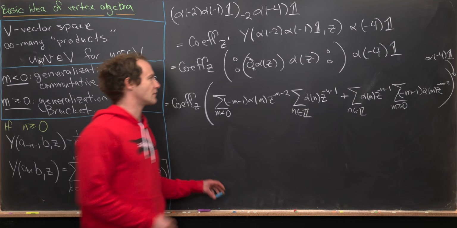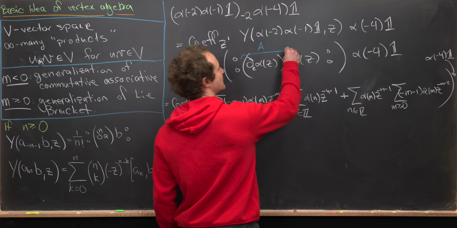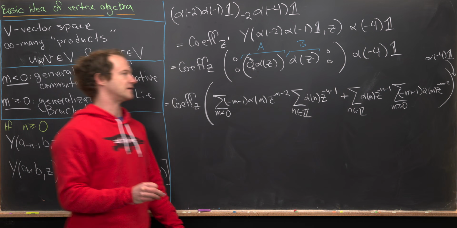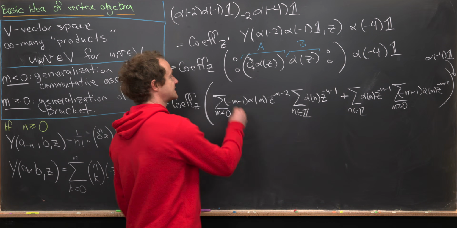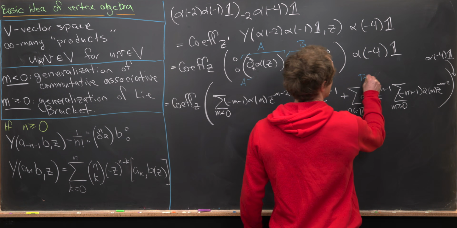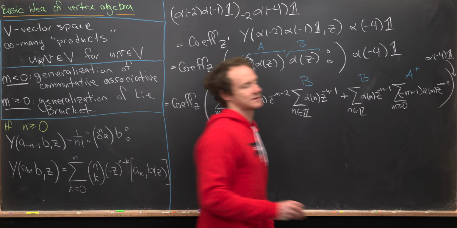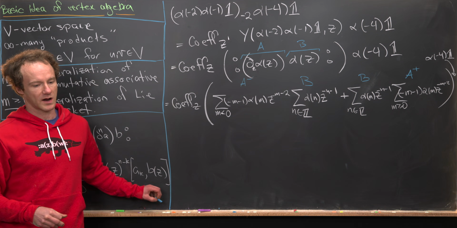Okay, so just to reiterate what went on here. Here we thought of this as maybe our capital A field. This is like our capital B field. And by the definition of the vertex operator, this expands this thing into A minus B and then B A plus. Great, so again, that's by the definition of the normally ordered product.